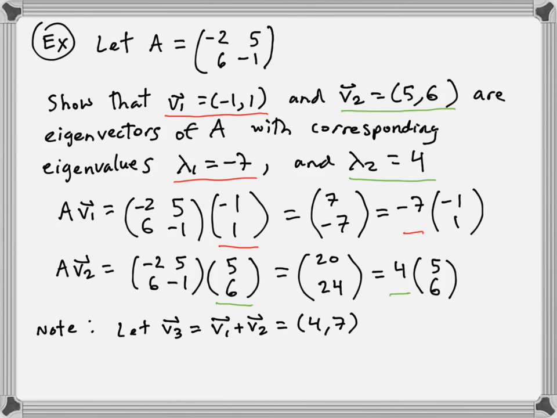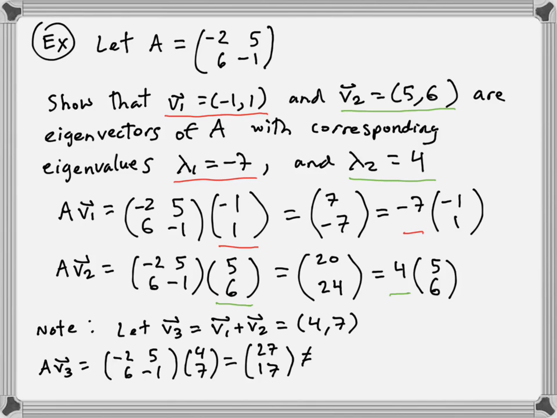And let's go ahead and check to see what A times V3 is. We get [-2, 6; 5, -1] times [4, 7]. What is this equal to? We end up with -8 plus 35 is 27, and 24 minus 7 is 17. And you notice that this is not equal to a scalar multiple times what we started with.